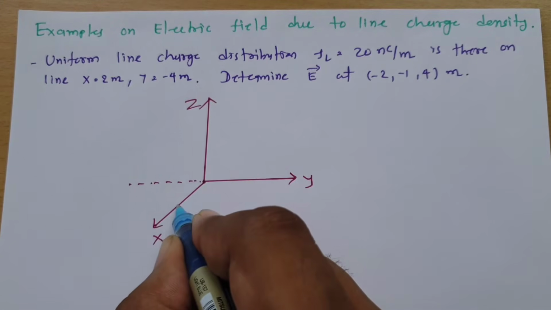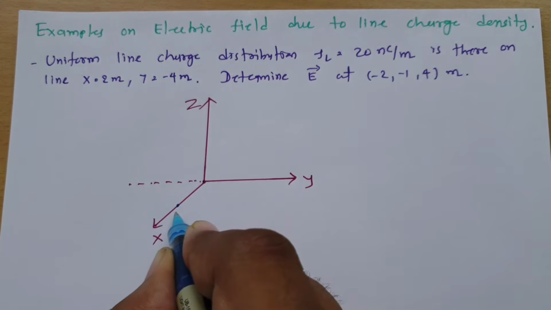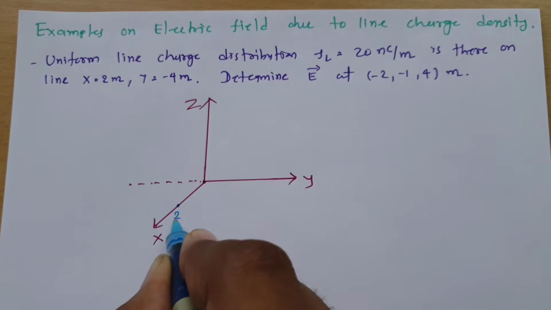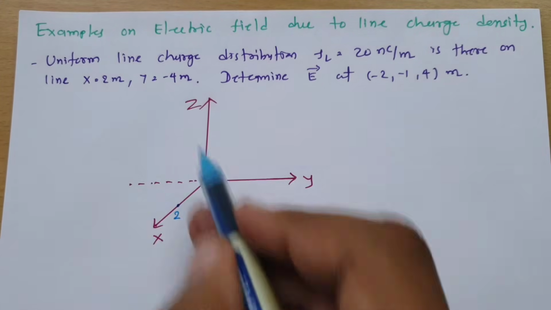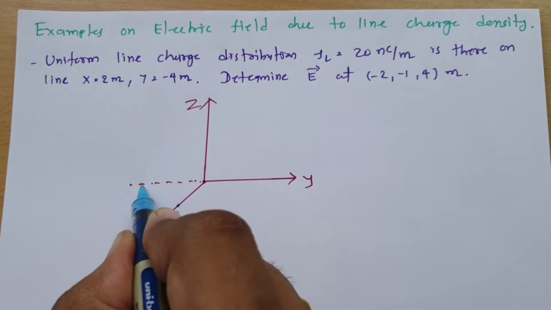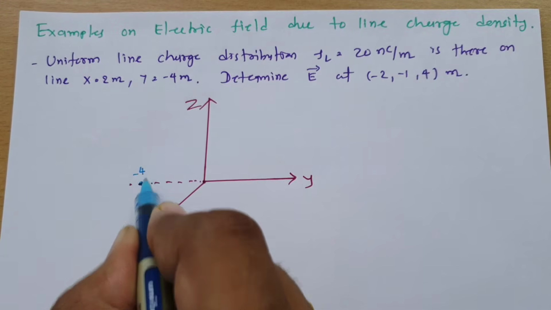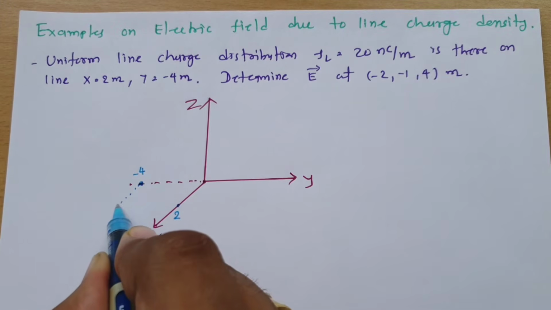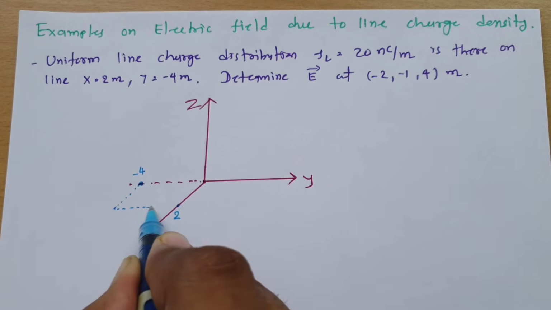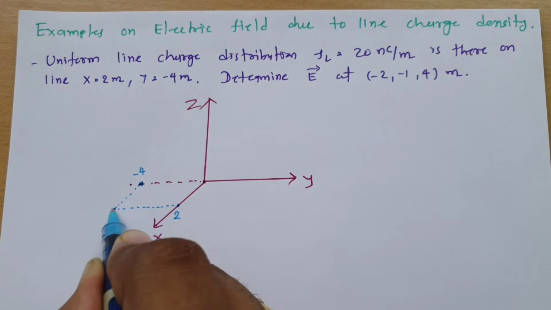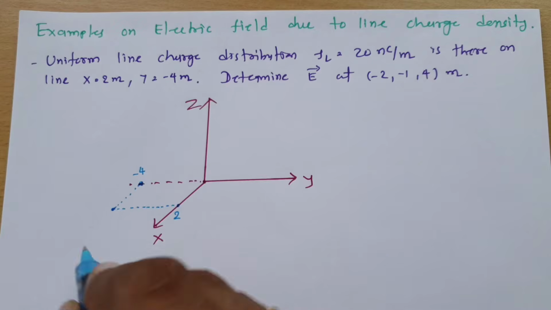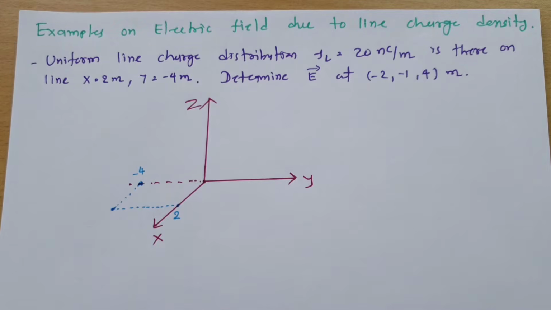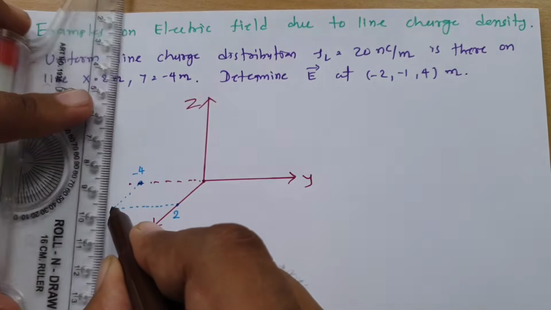So x is equal to 2, if I say that is over here, right? And y is equal to minus 4 will be somewhere over here. If you see the connection of these 2 points, then the line is happening over here like this.